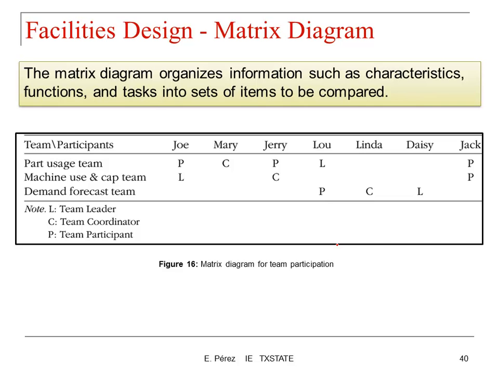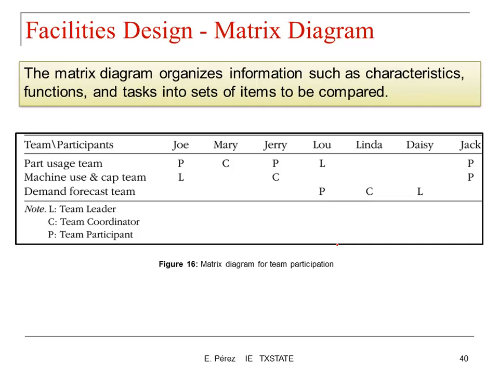This one, I find it very useful, the matrix diagram. Organize information such as characteristics, function, and tags into a set of items to be compared. This one is good to organize qualitative data. You can use any type of mapping or legend.